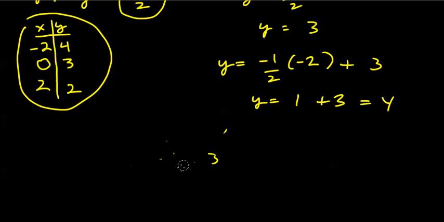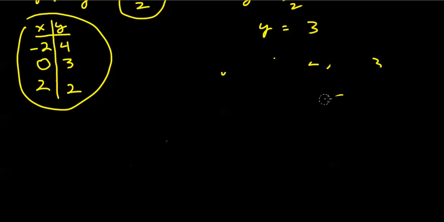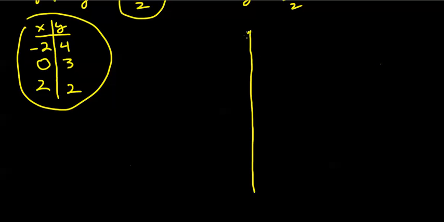Now I want to put this on the same screen here, so let me erase all this previous work. I'm going to do my best to draw a coordinate axis, the XY plane, and graph these points. Give me a minute here.